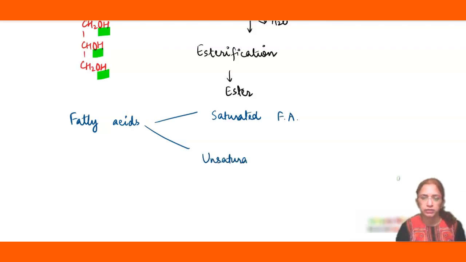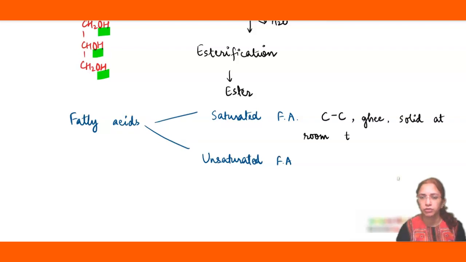And unsaturated fatty acids. Now saturated fatty acids are those which contain single bonds between the carbon atoms. So ghee is an example of saturated fatty acid, which is quite common at everybody's place, and it is solid at room temperature.